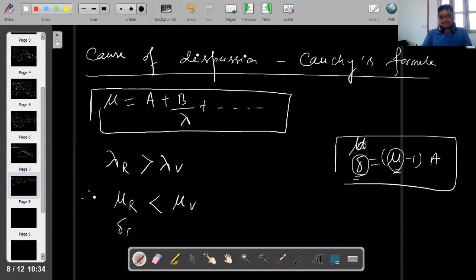Therefore, delta R is less than delta V. Refractive index of violet is more than red light. Therefore, deviation of violet light is greater than deviation of red light.